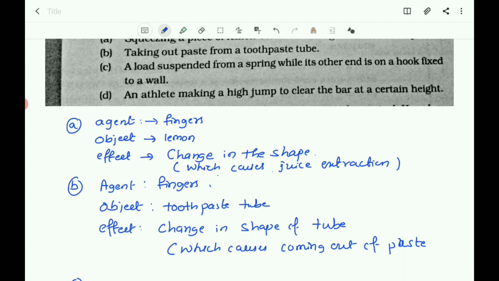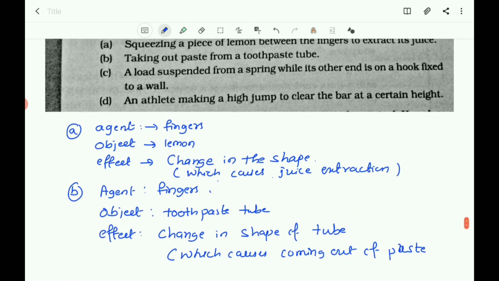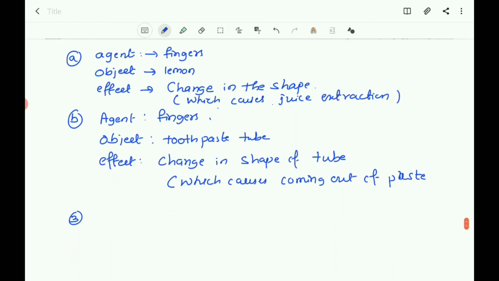You know that if the load is suspended from a spring, here the load is the agent. The suspended load is the agent and spring is the object. Elongation of the spring, that is nothing but change in the shape of the object. So you take that one. First one, what is that? Agent is suspended load.